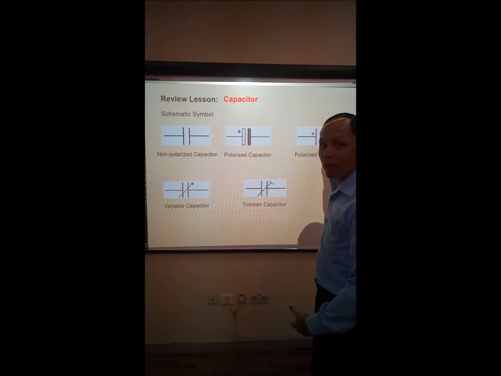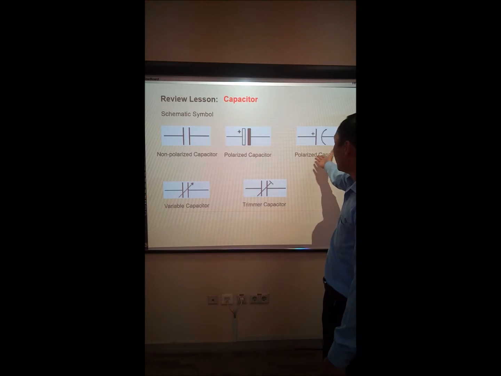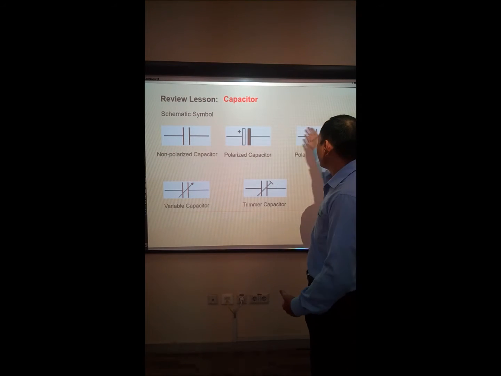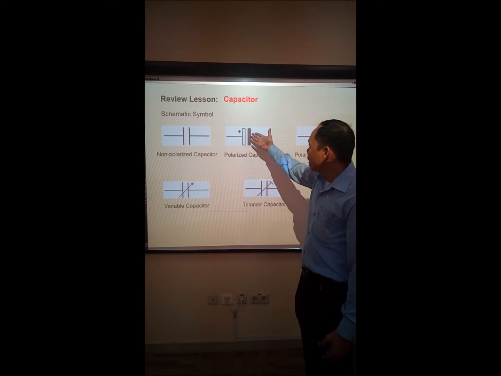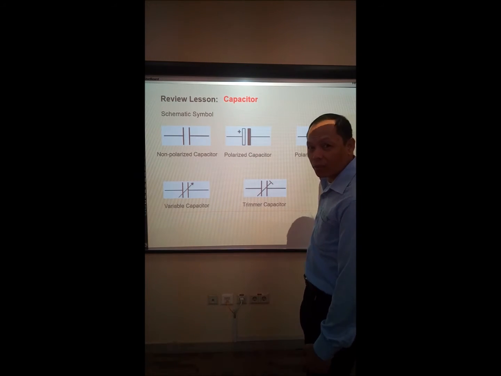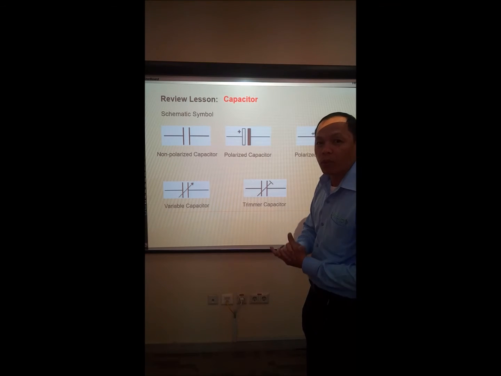Now another symbol of capacitor, which is also a polarized capacitor, with positive and negative polarity. These two are the same. This is used by one country, and this one is used by another country, but these two are the same symbol, which is polarized capacitor.